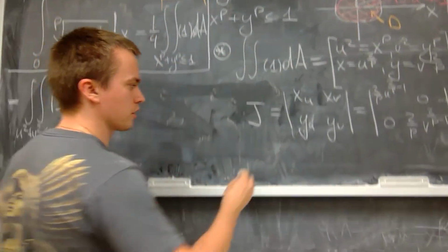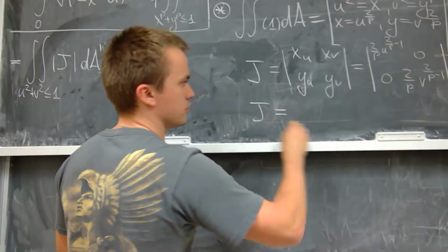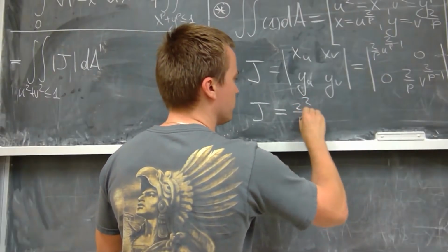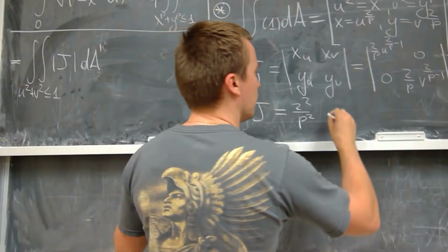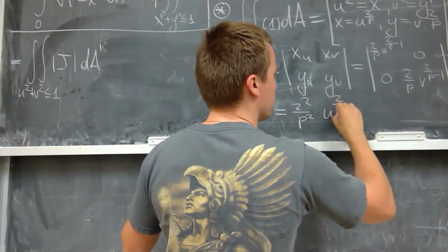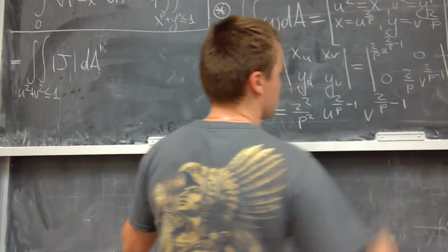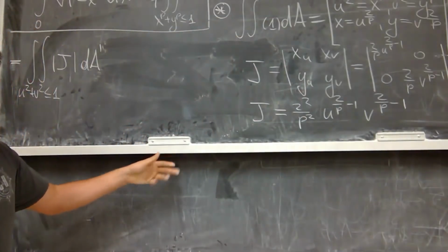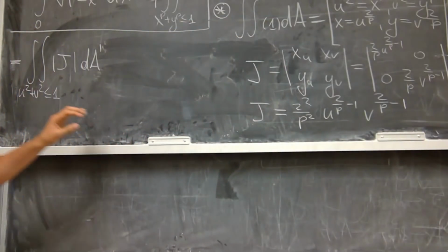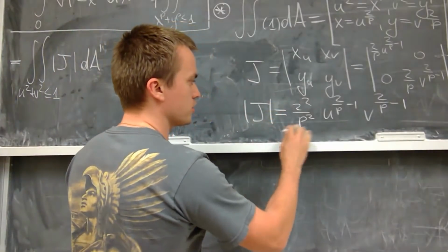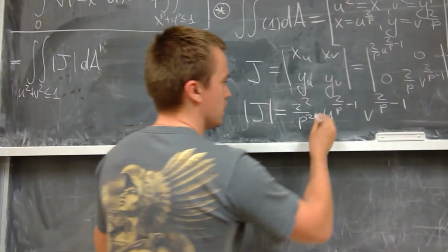So in this case, we can conclude that my Jacobian is just the determinant of this matrix, and I will get 2 squared over p squared, u to the power of 2 over p minus 1, times v to the power of 2 over p minus 1. But the thing is, I need to take the absolute value of my Jacobian, so I will take absolute values. These guys are positive numbers, so it doesn't matter.